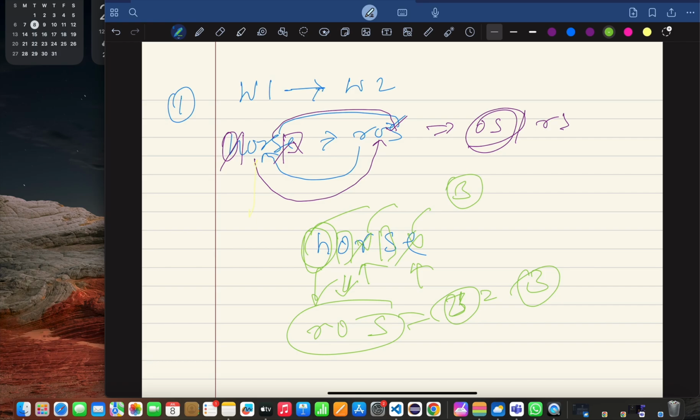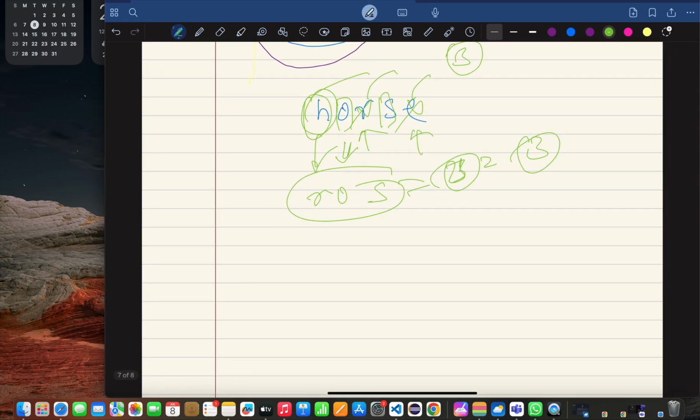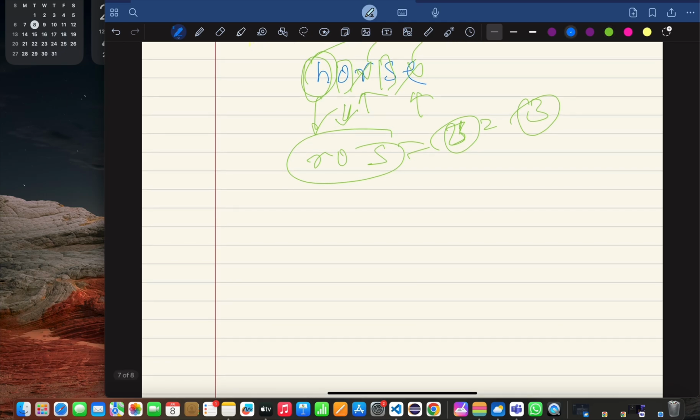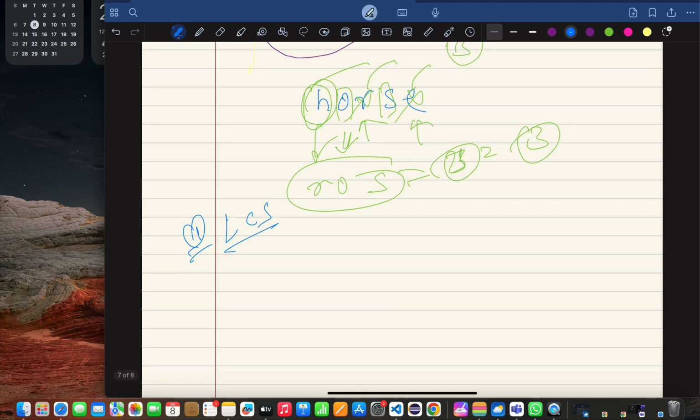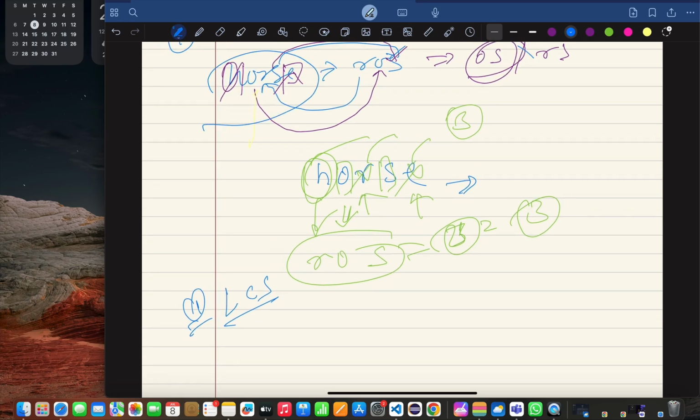So how will we do it? I hope you know that in DP we have LCS, the longest common subsequence. In longest common subsequence, we were finding the longest common subsequence of the strings word1 and word2.